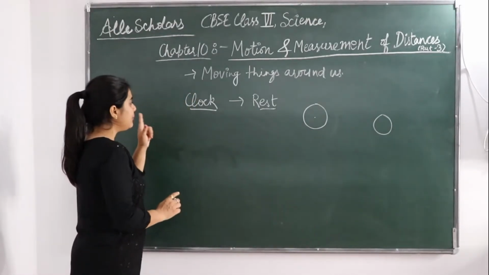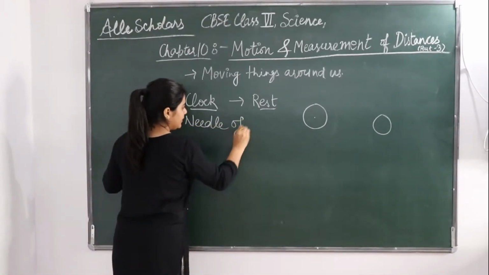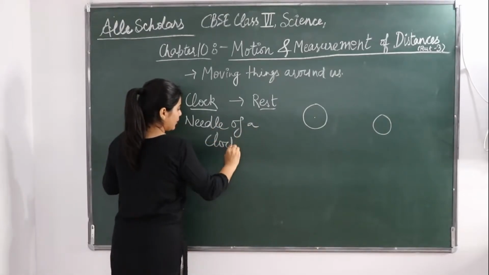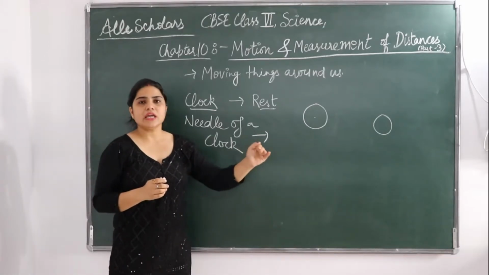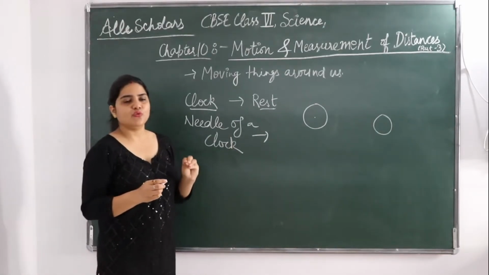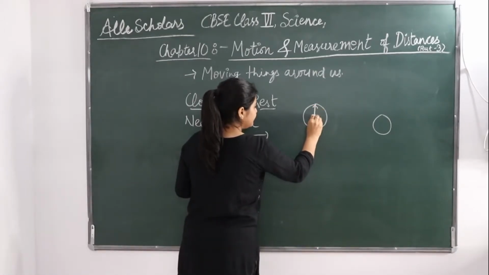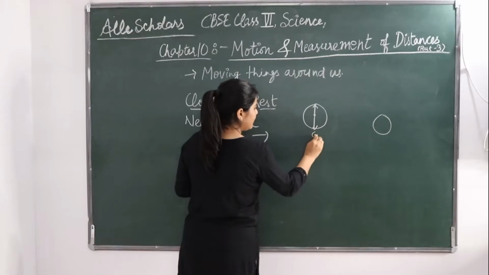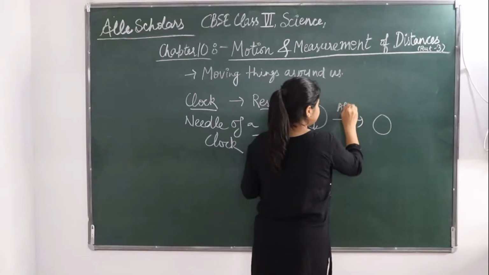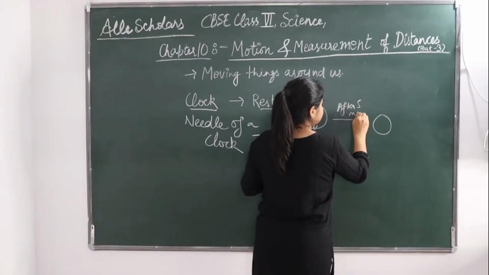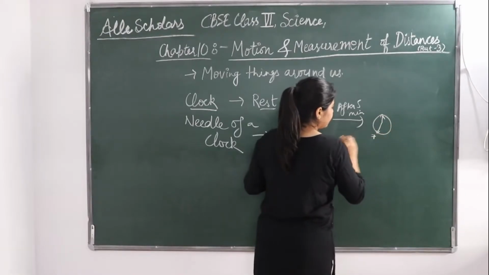But if you talk about the needle of a clock, if the needle was on 6, after 5 minutes the needle will have moved on. Suppose this is a clock and this was the needle. This needle was on 6, but after 5 minutes the needle has gone on 7.